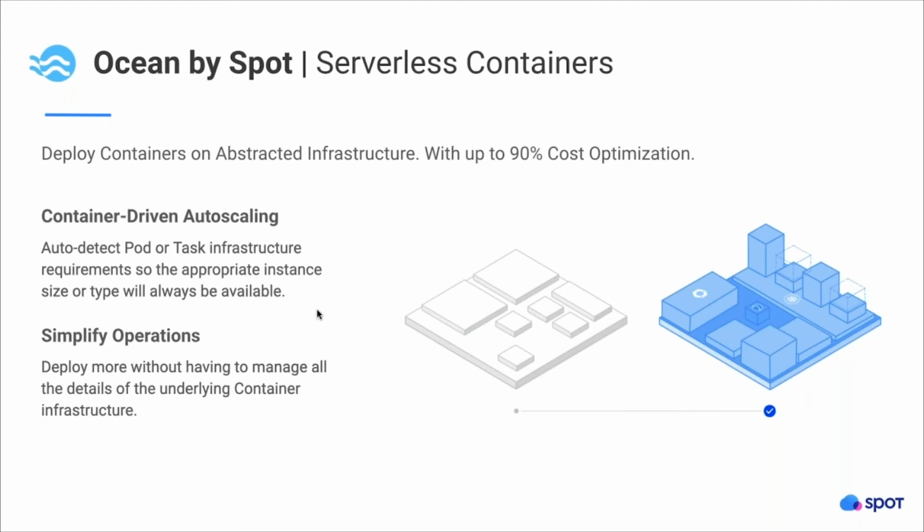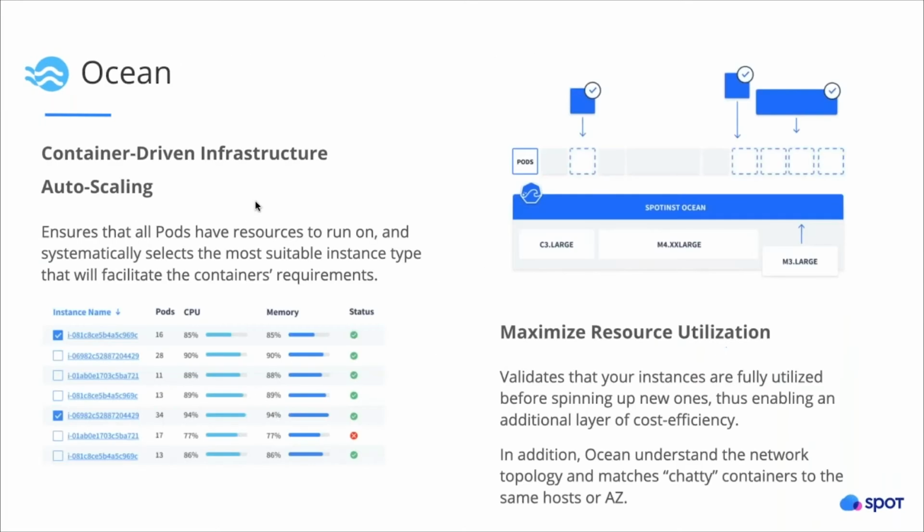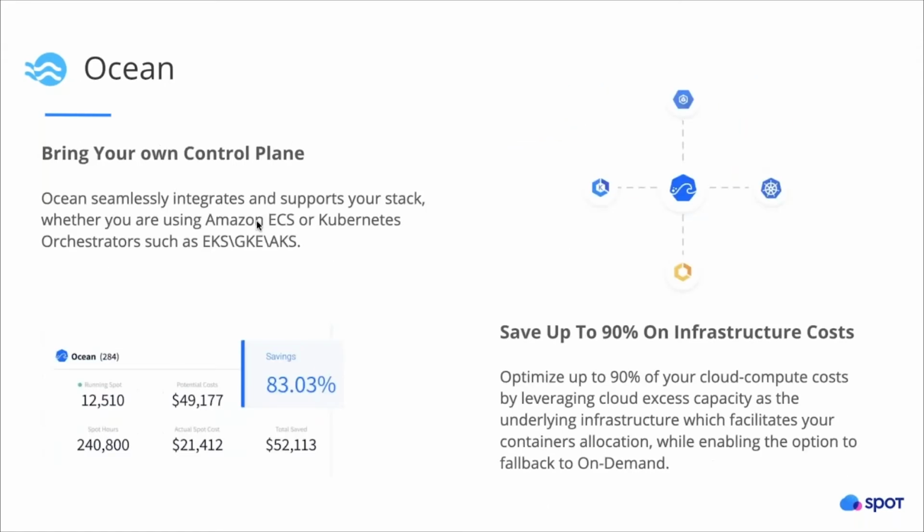It simplifies operations because you're able to deploy more and move faster without constantly worrying about infrastructure. It handles all the auto-scaling of infrastructure and the utilization of resources by constantly bin packing and choosing the right instances at the right time.